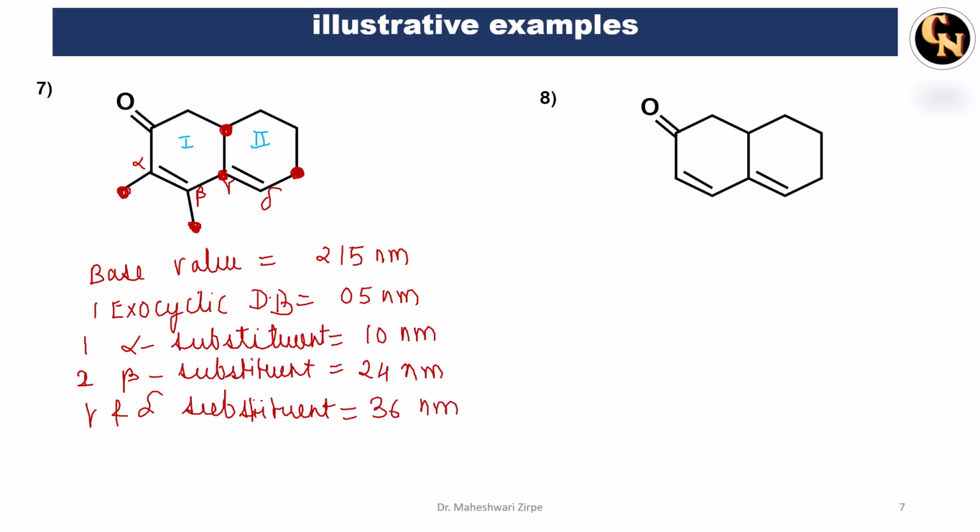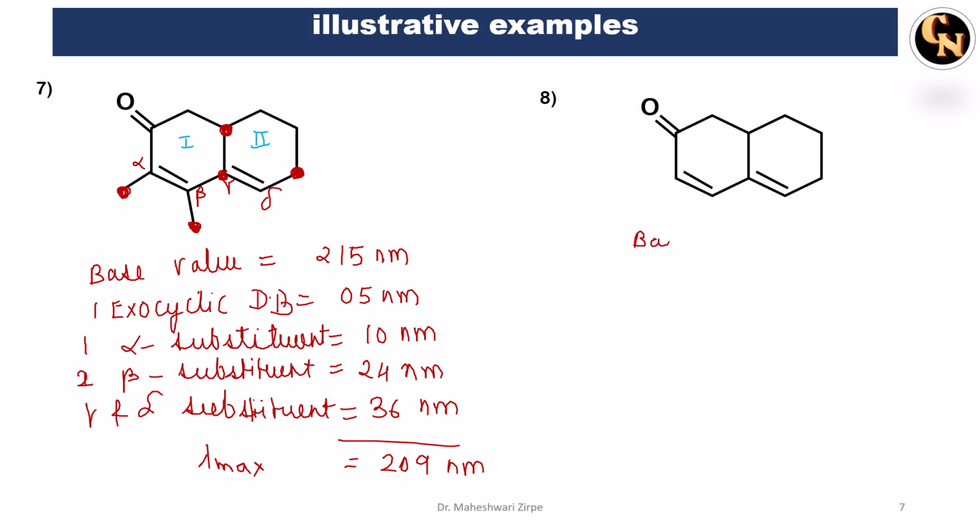So that's all. If you add all these together, the lambda max value comes out to be 209 nanometers.